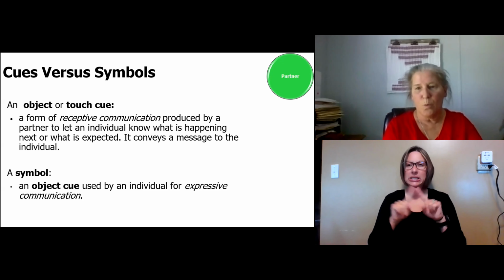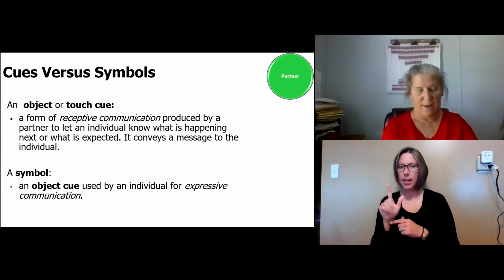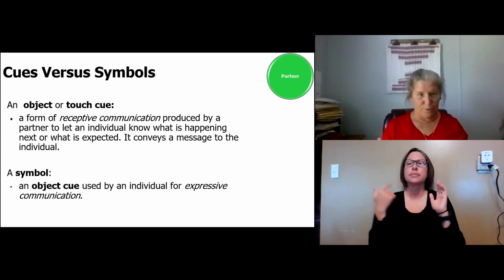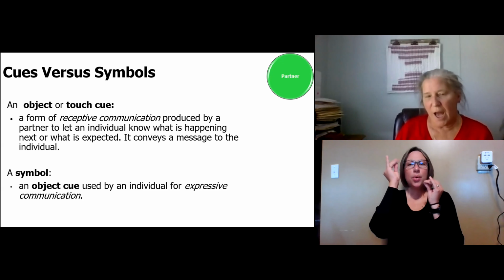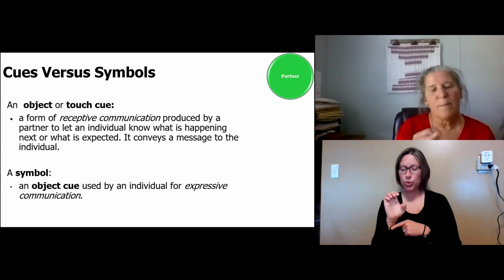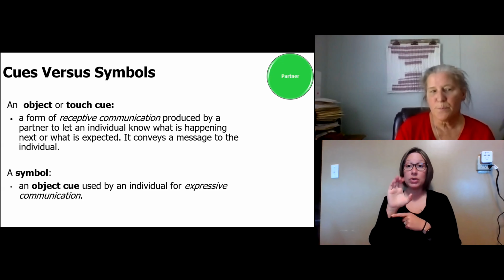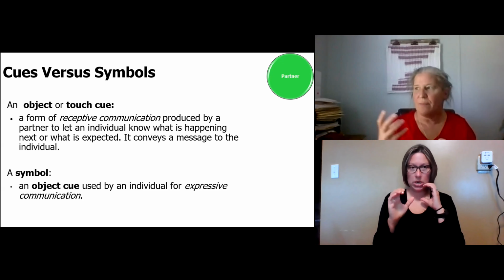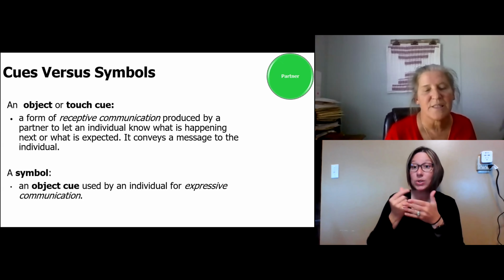And when we think about an object or a touch cue, then that is a form of receptive communication, okay? So it's produced by the partner to let the individual know what's going to happen next or what is expected.